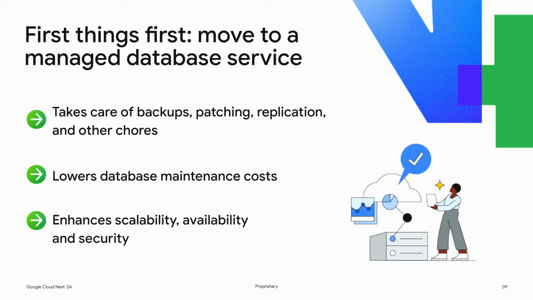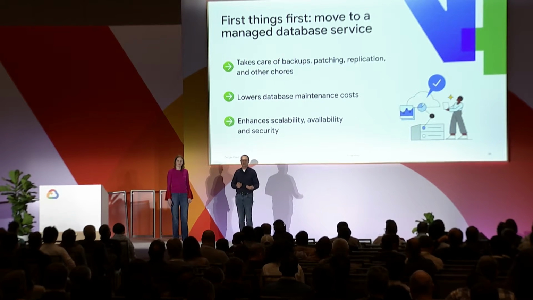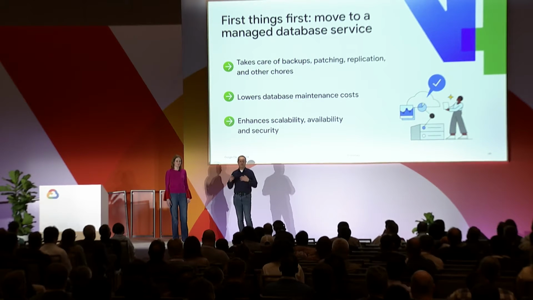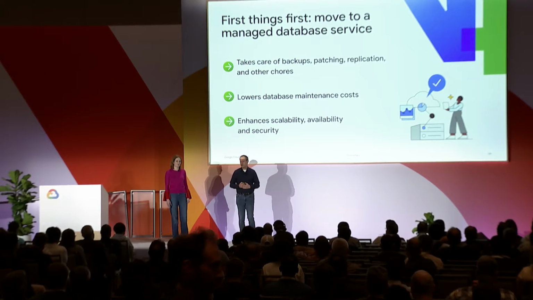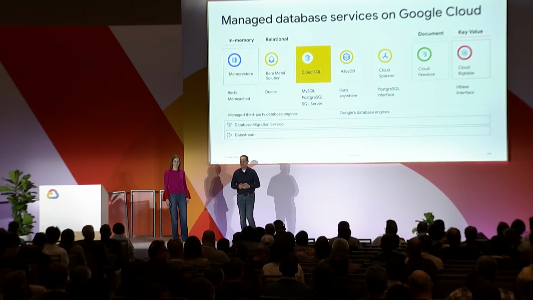Do the backups, do the patching, do replicas in different regions, all of that. It's also cheaper. So we've run some studies that actually show that there's a positive ROI on running a managed service instead of just installing the database service yourself, even if it's in the cloud. And it also makes the database more scalable, more secure, all of those things. So what we really recommend is basing all of that on one of our managed database services.